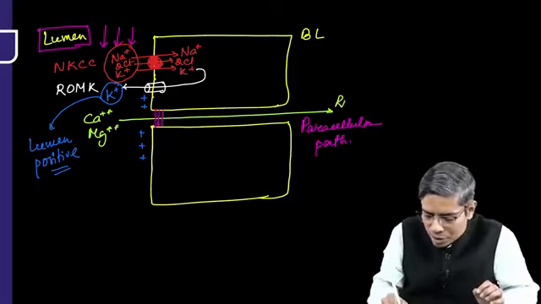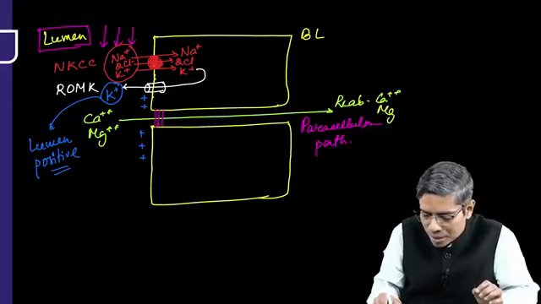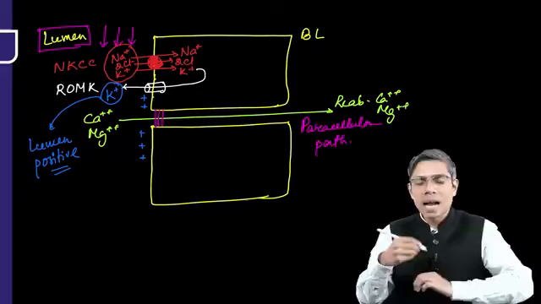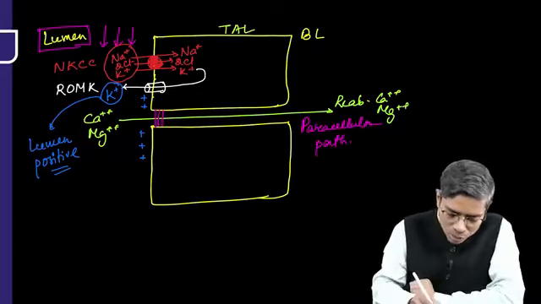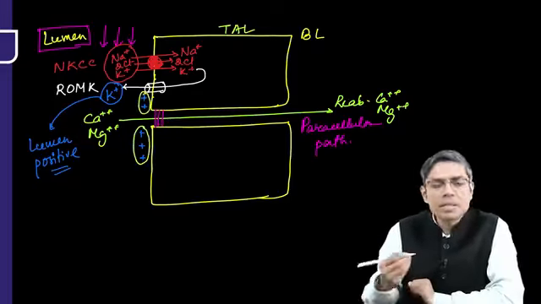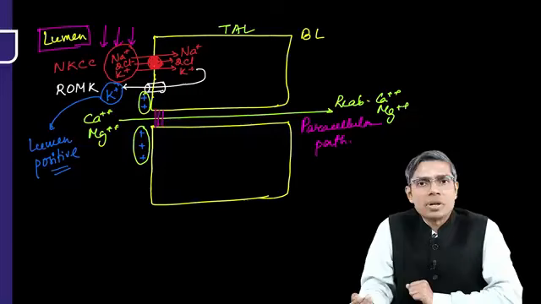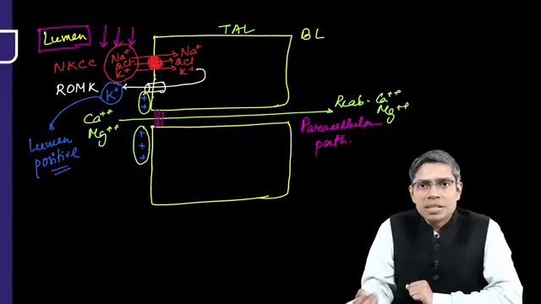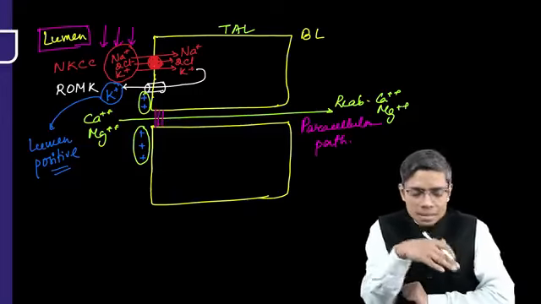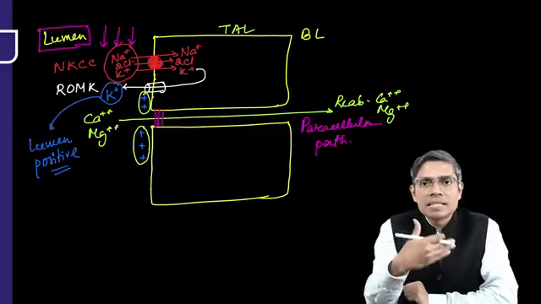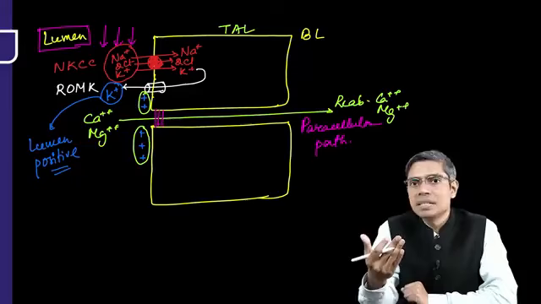That means there will be reabsorption of calcium and magnesium at the level of this thick ascending limb of loop of Henle due to this lumen positive charge. Who is giving this lumen positive charge? The potassium. That's why we say that if the potassium is not diffusing back into the lumen, the divalent ion reabsorption, like calcium and magnesium, will be decreased.